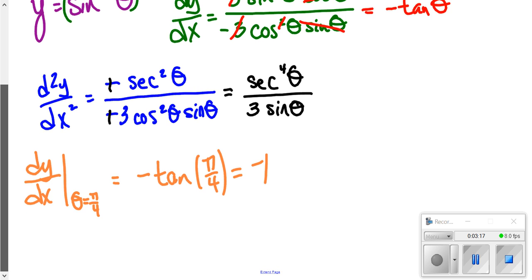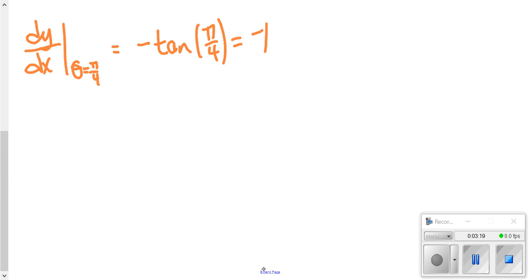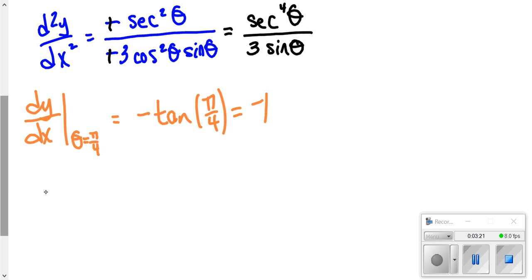And then for my second derivative, same kind of idea. I'm evaluating at a particular location, so I'm going to denote that in my writing and write that I'm doing this at pi over 4. And then I'm going to just substitute in. So I'm looking back here at my black writing.